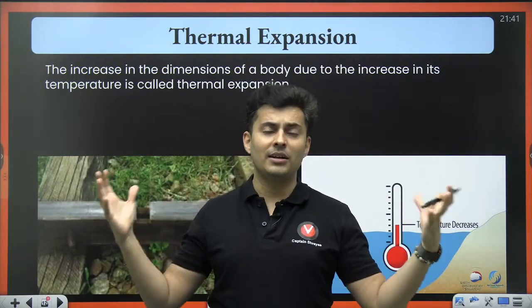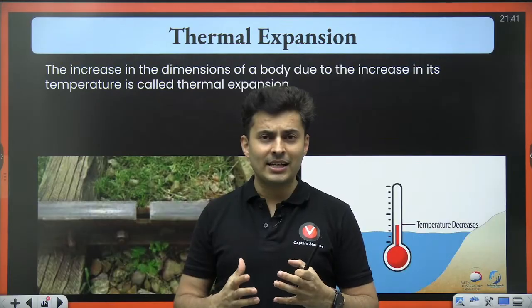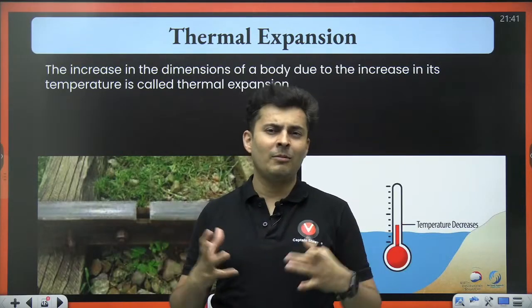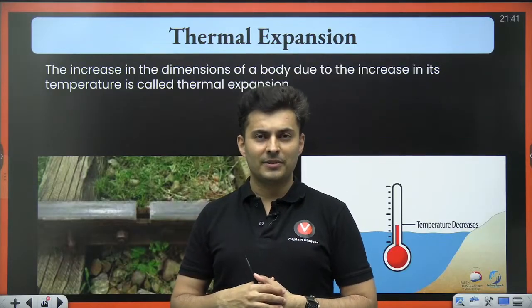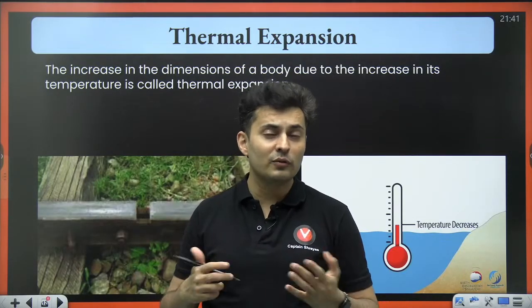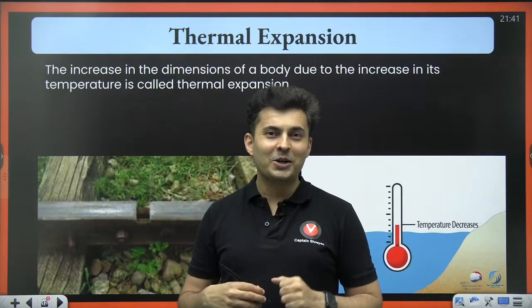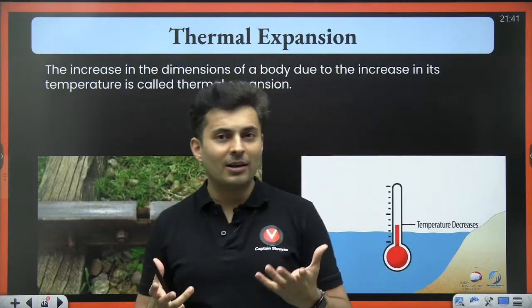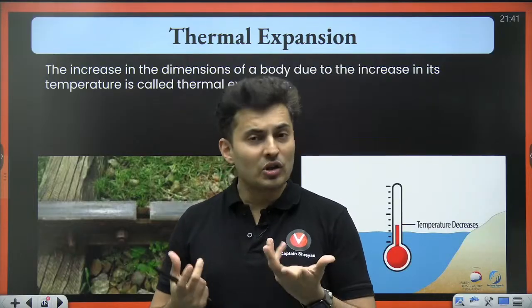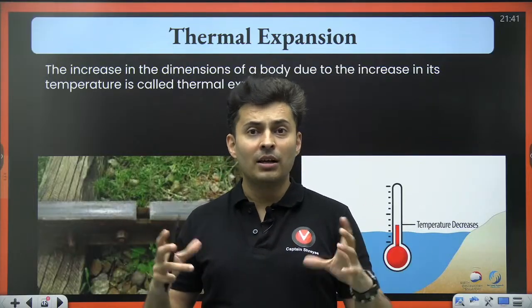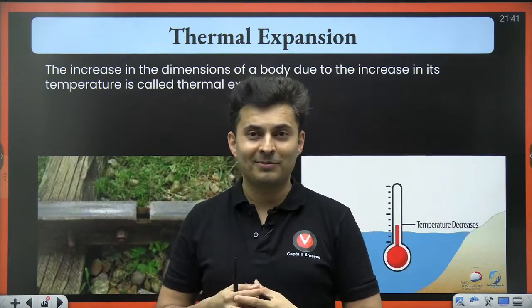Some objects expand really well and contract really well, they are very sensitive, whereas some objects do not respond so much to temperature changes. In fact, that can be useful also. Why? Because imagine you have some nut or some bolt, let's say it becomes hot and the nut becomes very big, so it will become loose, it might just come out.